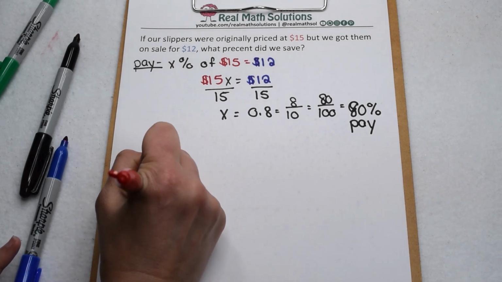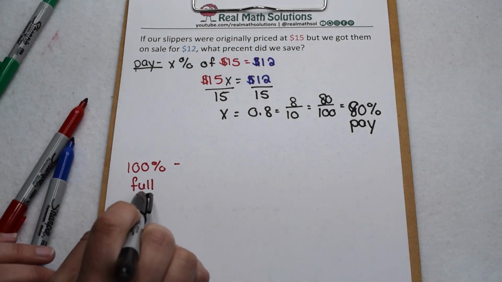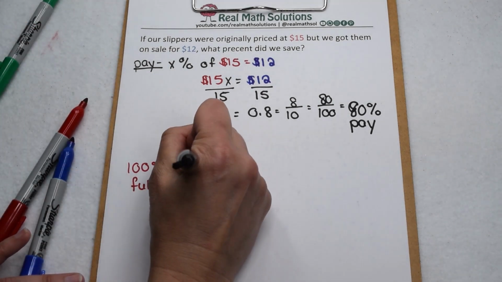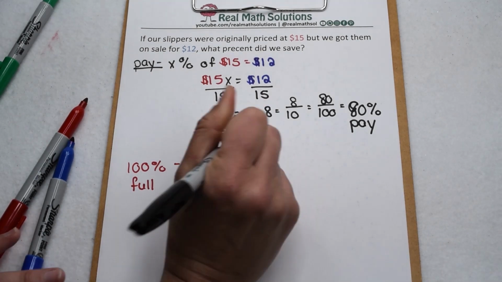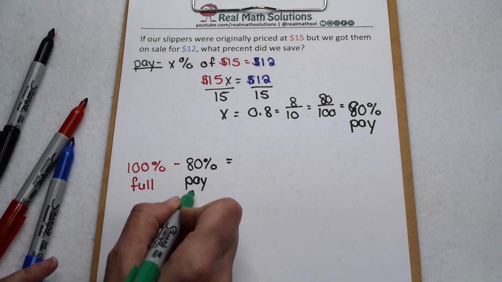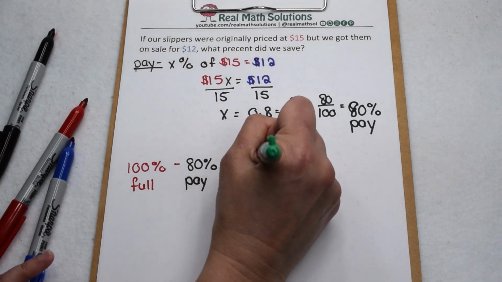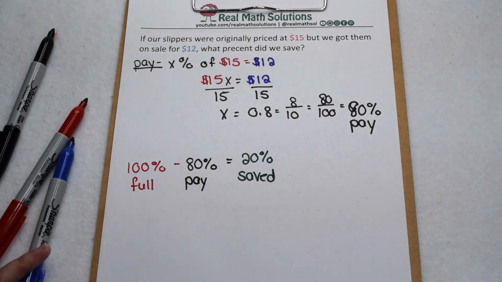So $15 represents 100% of what we should have paid for it. We know we actually paid for 80% of the original price. So if we want to know what we saved, 100% for the full price minus the 80% that we paid comes out to be 20% that we actually saved off of the original price.